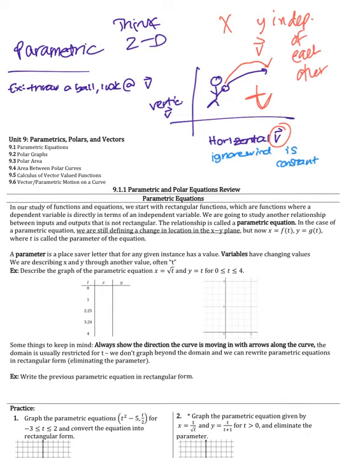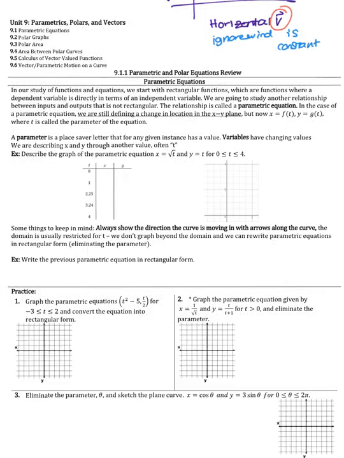And that leads us into our idea of a parametric equation. When x and y are both dependent on a different variable, that variable is called the parameter. And that type of equation, as we said, is called a parametric equation. We are still going to define a change that's occurring in the xy coordinate plane.